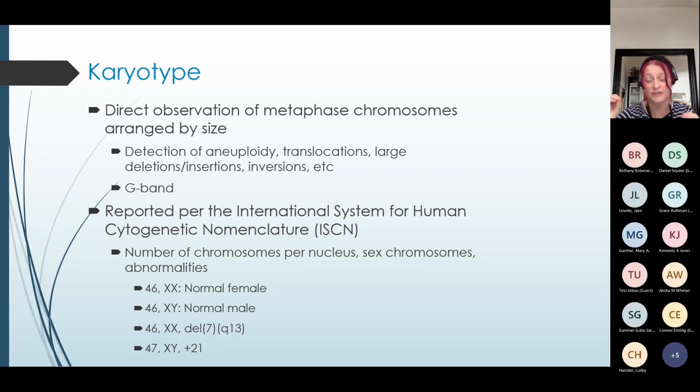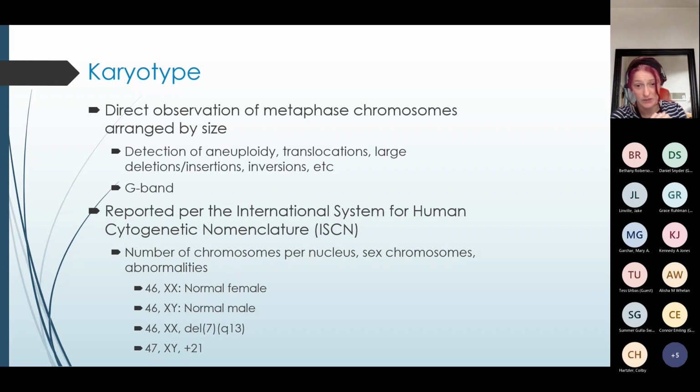You really have to be trained to determine what chromosome it is, where the translocation came from, where the break point is, and all of this other stuff. So the people in cytogenetics are really good at this. And again, we go by G-band staining here.